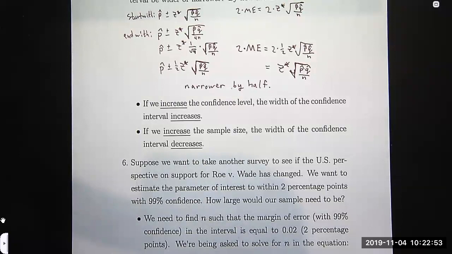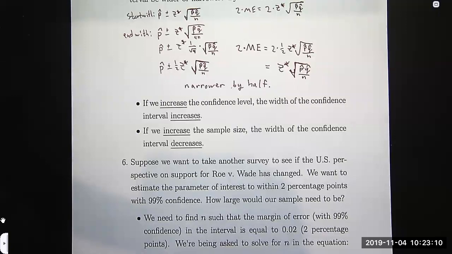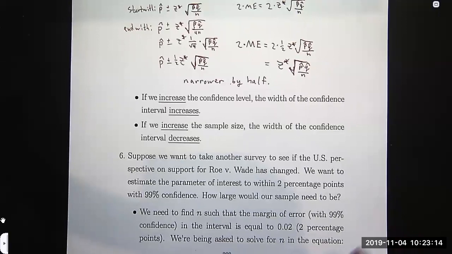So this problem is going to require a little bit of algebra, is what's going on here. All right. So in this bullet, it says that the margin of error is equal to 0.02. And then we're being asked to solve for n in the equation on the next page.